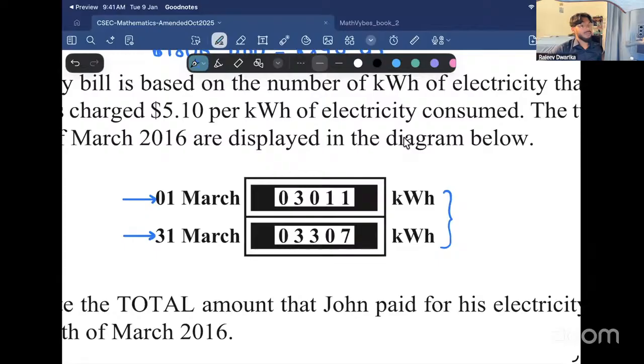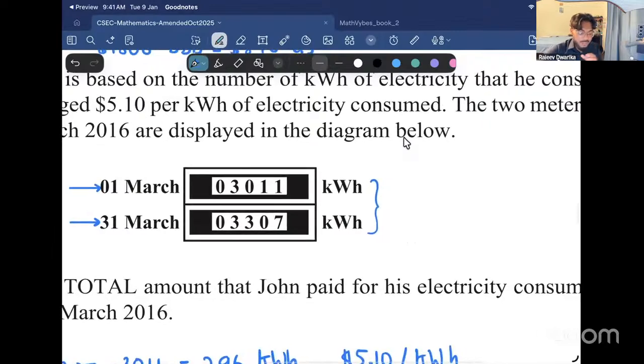Yes, I would have to take it away. That makes sense, right? Because you want to find the electricity you consumed between the 1st of March and the 31st of March. So it takes away, it wouldn't add. Alright, so 3,307 minus 3,011 should give you 296.